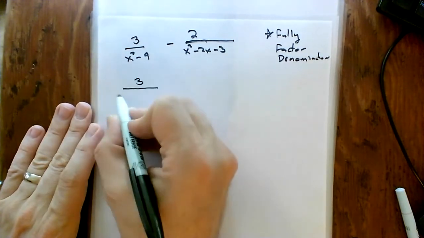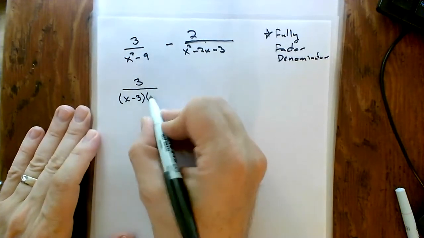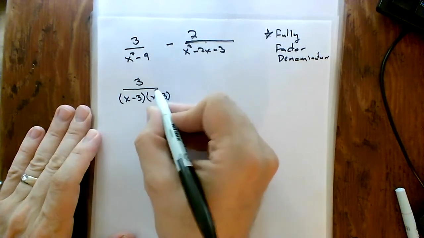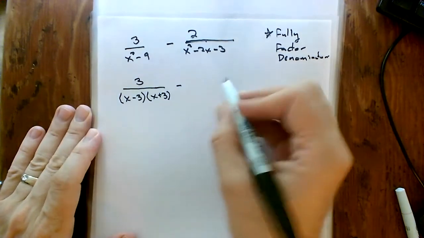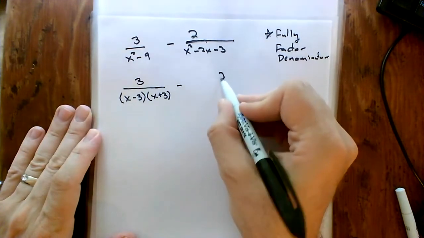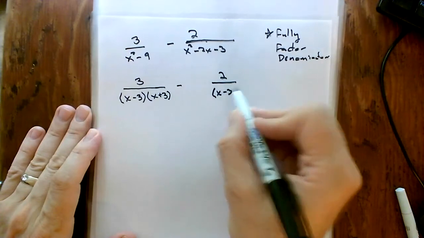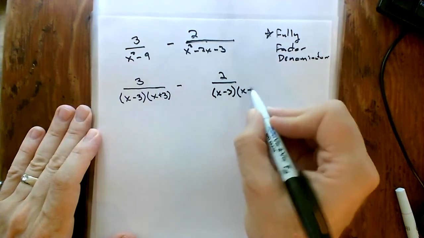So this is difference of squares, so this is going to be x minus 3 times x plus 3. I'm going to leave myself a space here because I know I'm going to be multiplying this very soon. And 2 over x minus 3 and x plus 1.